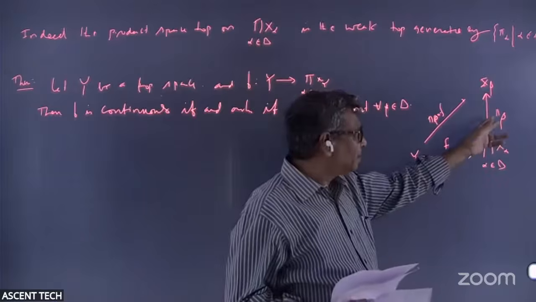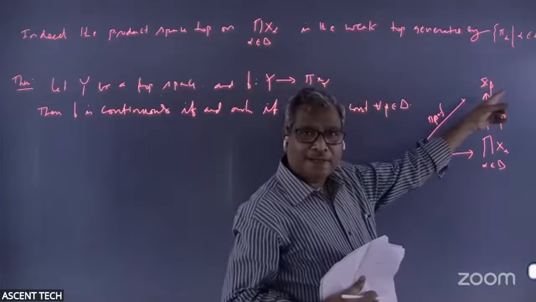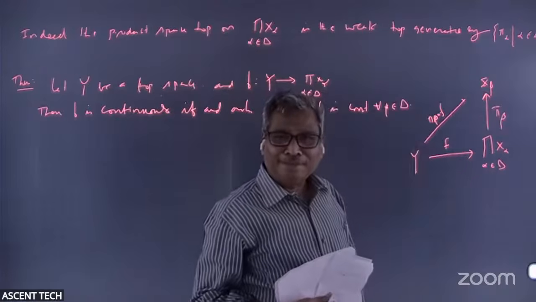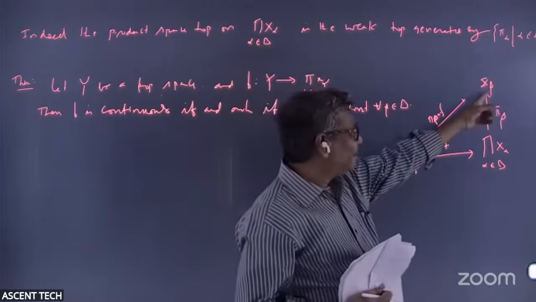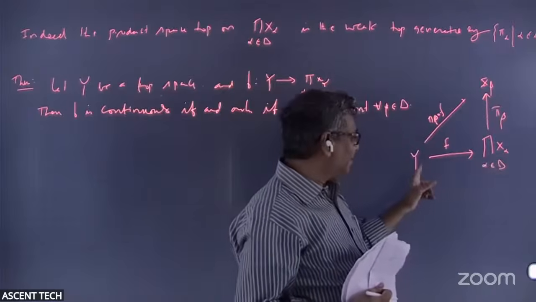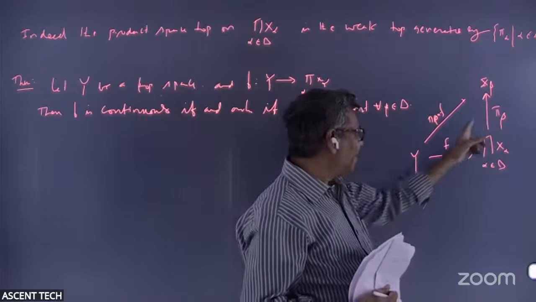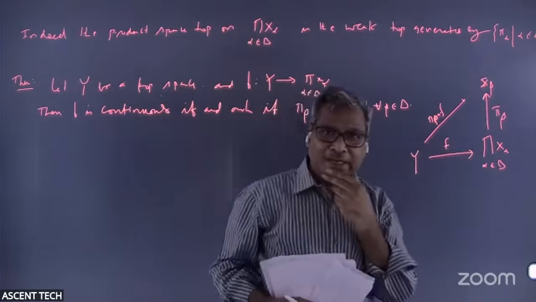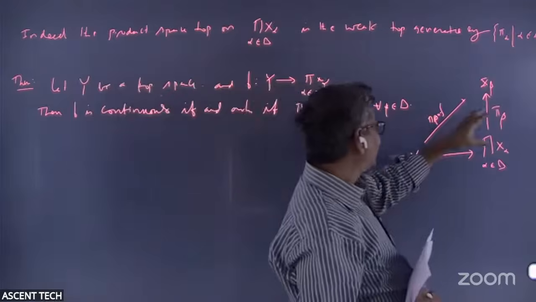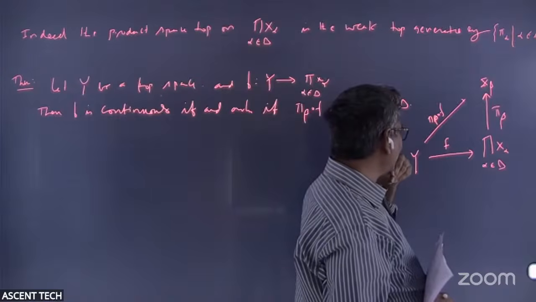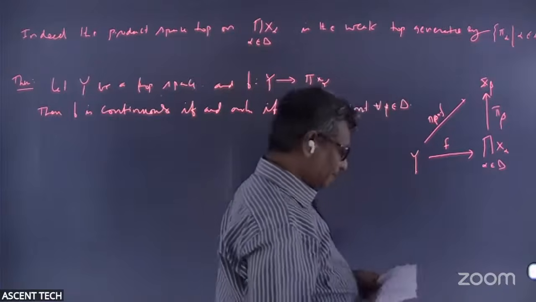But every subbasic open set comes from the inverse image of an open set in X beta. So I think I don't have to prove this theorem after all. If you take any open set, its inverse image is a subbasic open set. If f is continuous, then pi beta circle f is continuous. And for the other side, if every pi beta circle f is continuous, you have to show that f is continuous. I think it's nothing there.